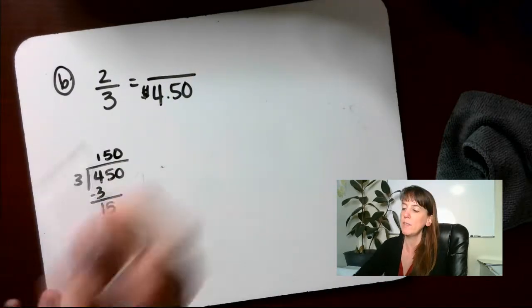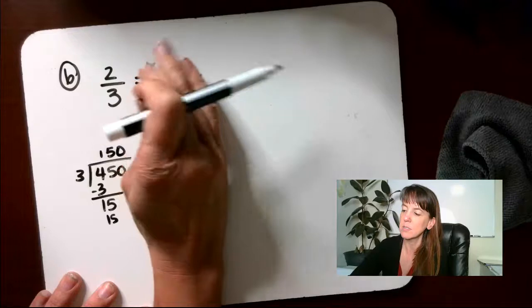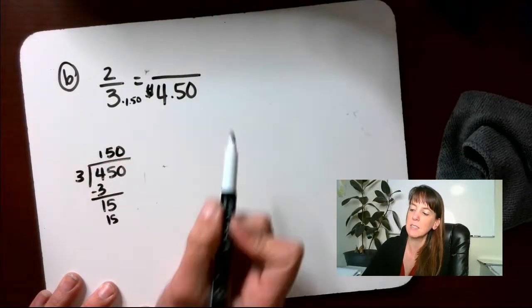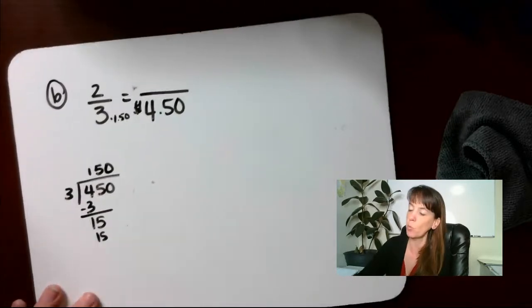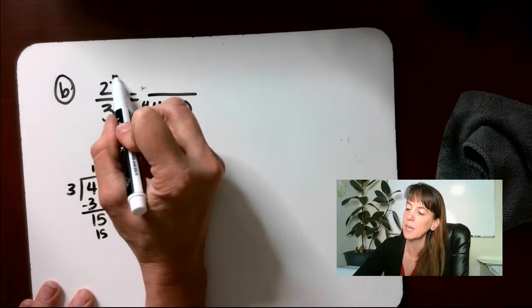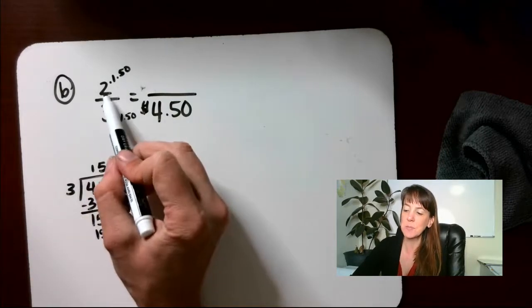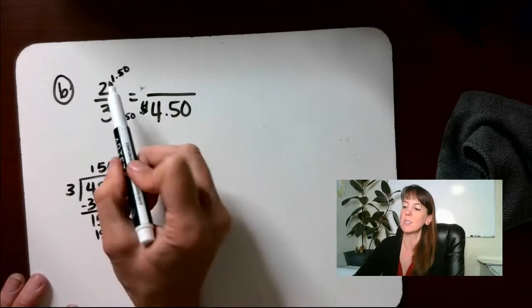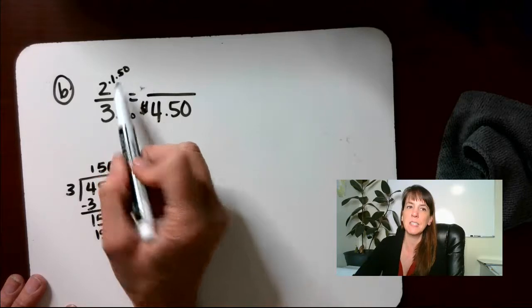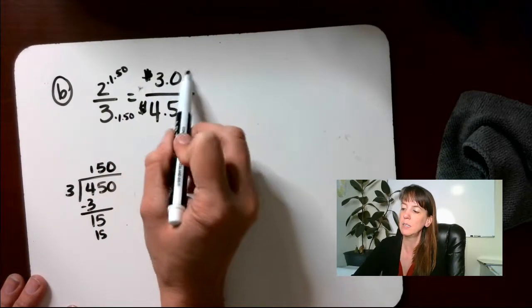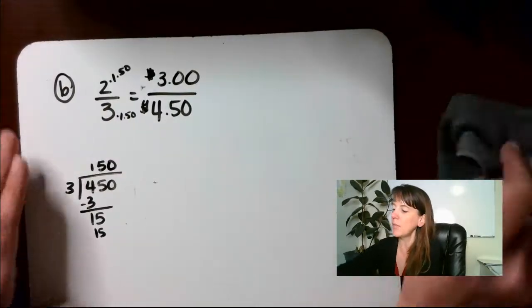So we've got 150. So 3 times $1.50, right, gives us $4.50. But what we do on the bottom, we're going to have to do up here, times $1.50. $1.50 times 2 just means we're doubling it, right? So that's $2, and then that 50 cents doubled makes it $3 total. Okay, so $3. Hopefully that makes sense.